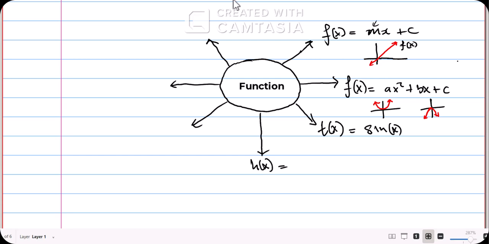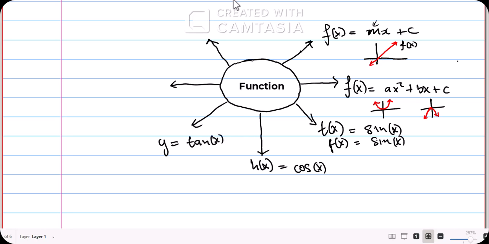So this can be f of x, sine x. This is h of x, cos x. This can be anything, maybe y is equal to tan of x.